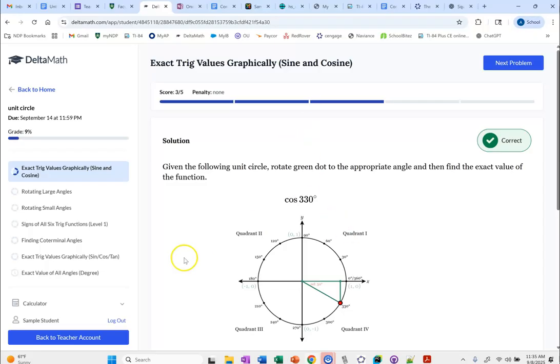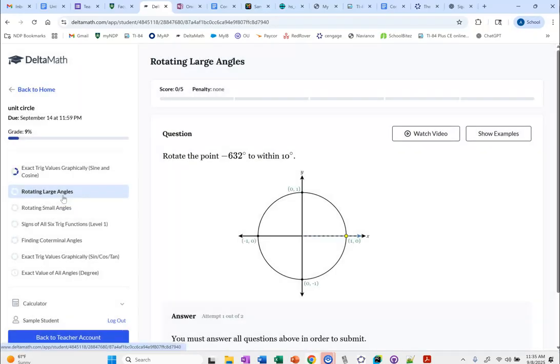All right. Some more practice. So it says here we want to rotate the point to -632 degrees within 10 degrees. So see the yellow dot? I'm just going to spin that around till I'm close enough. So because it's negative, which direction should I go? Clockwise.